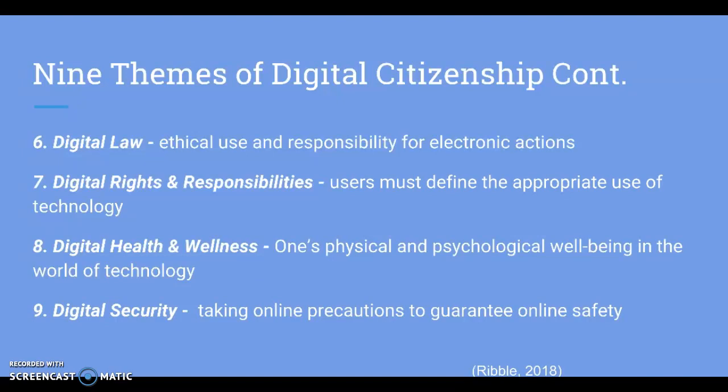I think this is something that we as educators should strongly be aware of and transparent about, and really educate our students on, because knowing how much this affects people is not only alarming, but it's something that should be taken seriously. And lastly, number 9 is digital security, which focuses on taking online precautions to guarantee online safety at school and also at home using the internet.